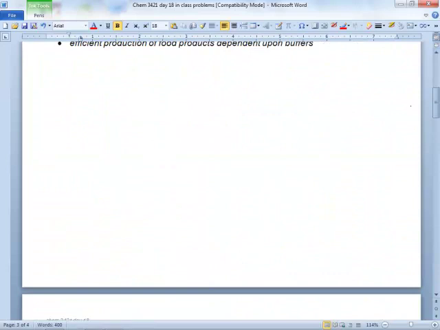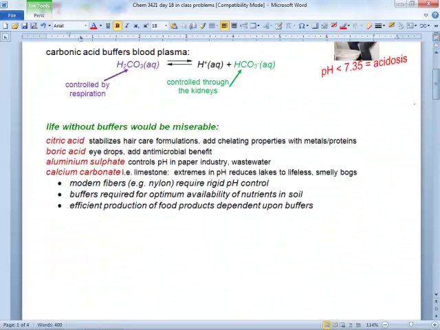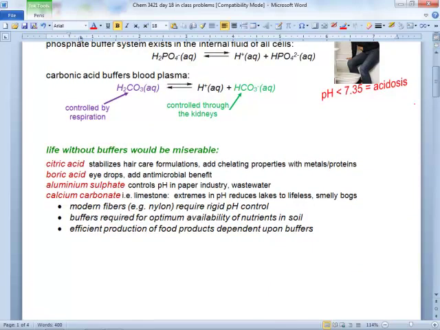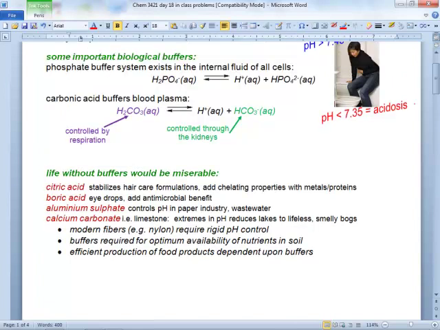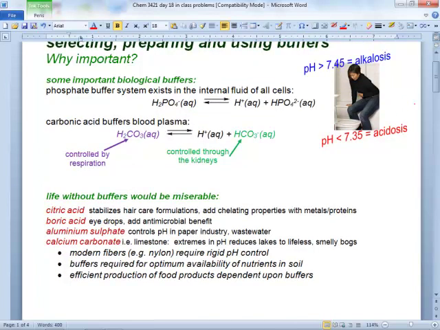I want to take a look at this buffer system. What's my conjugate acid and what's my conjugate base? Is it the acid or the base?